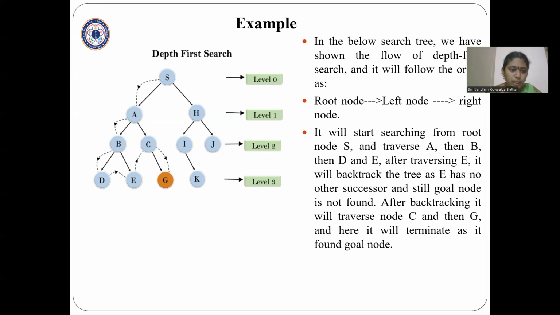So S to A, then A to B, again A to D, then D to E, and E to C, then C to G. If it finds the goal node, it stops; or else it comes from G to H, then I, then K, then J. Likewise it searches, but once it finds the goal node, it stops the search.